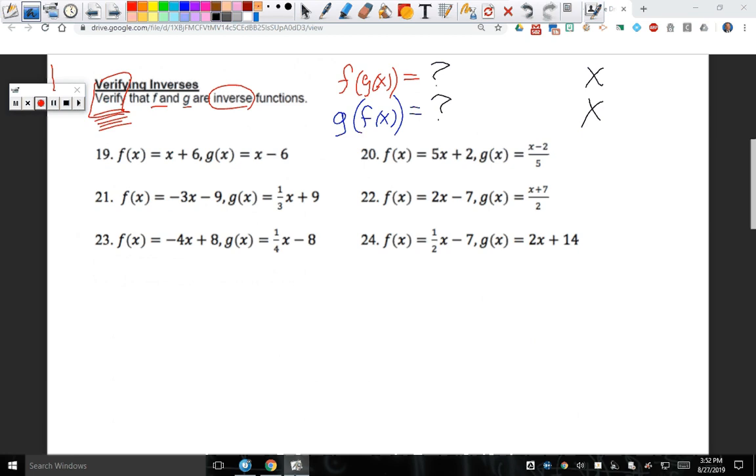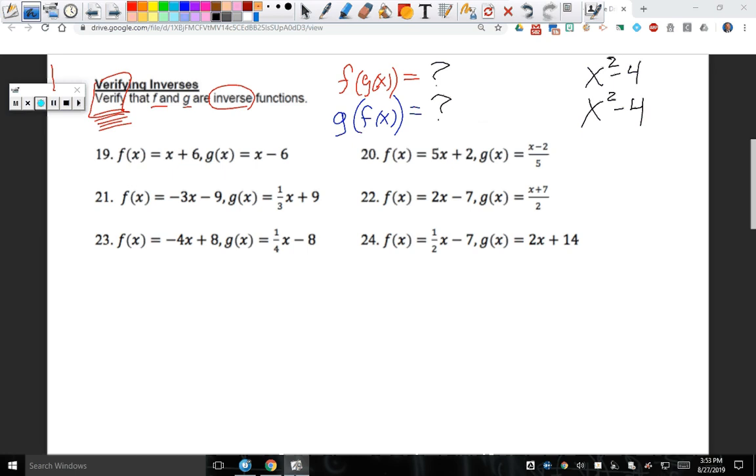But what if you don't get X? What if you do all that work and you get something that looks like this for one of them and this for the other one? Are they inverses? Yes. Because as long as they're the same answer, they're offsetting each other. Okay? So this backward process will end up offsetting the other thing.